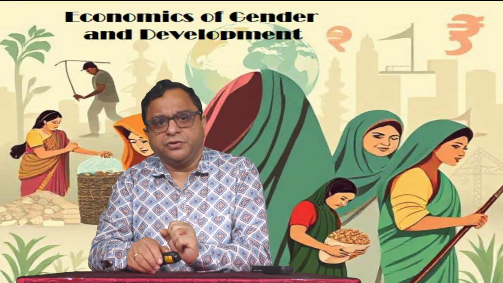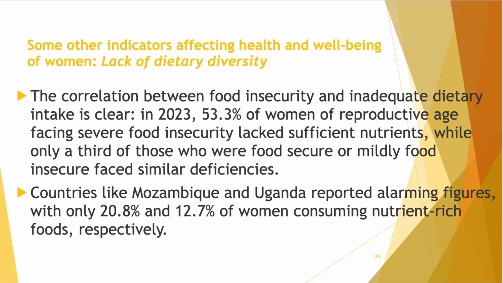The correlation between food insecurity and inadequate dietary intake is clear. For example, in 2023, 53.3% of women of reproductive age facing severe food insecurity lacked sufficient nutrients, while only a third of those who were food secure or mildly food insecure faced similar deficiencies.